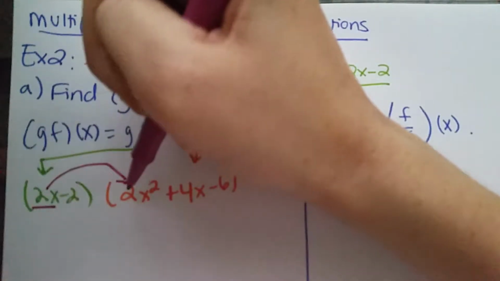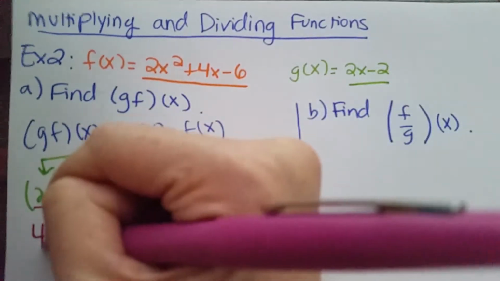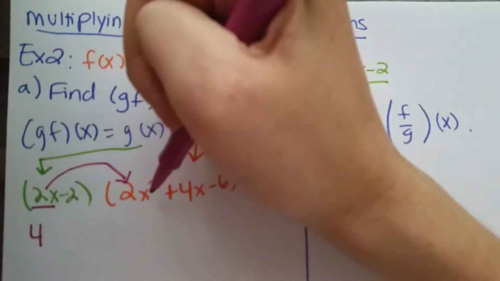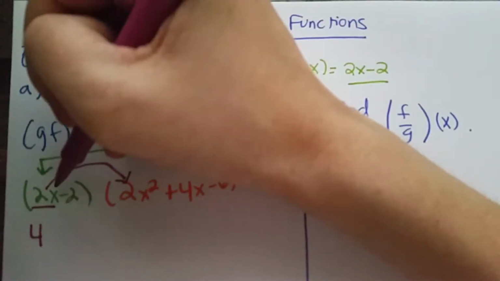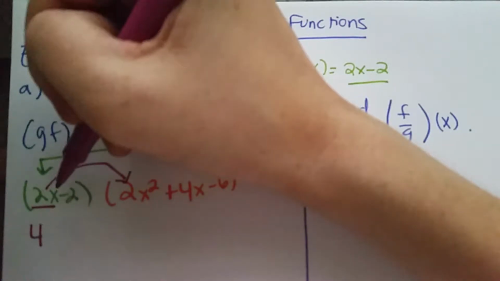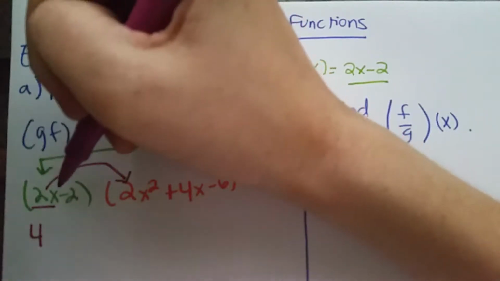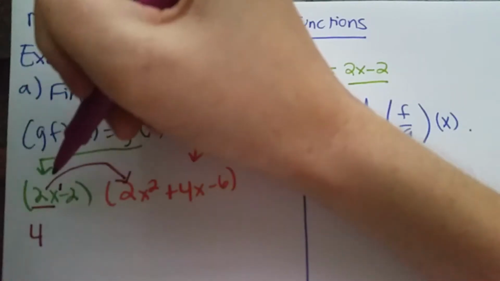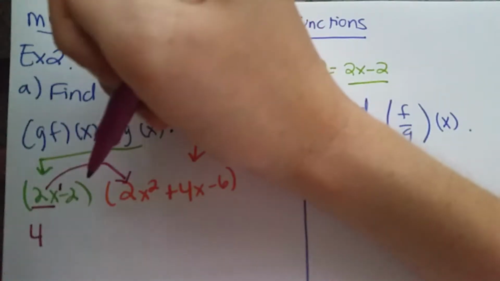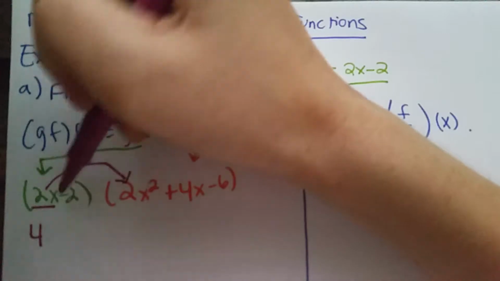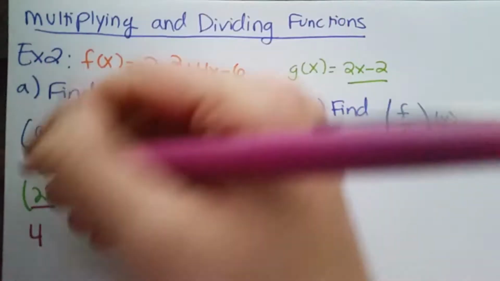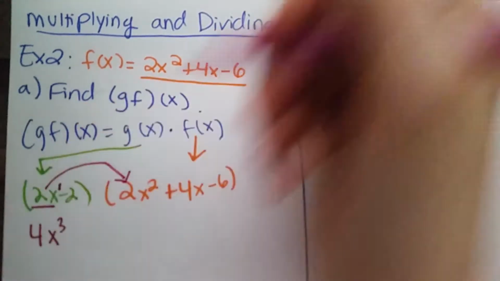So 2 times 2 gives me a 4. And when you multiply variables together, you add their exponents. You might say this x is missing an exponent. Well, whenever a variable is missing an exponent, there secretly is a little 1 hiding out, like a secret ninja. So I add the exponents: 1 plus 2 gives me x to the third.